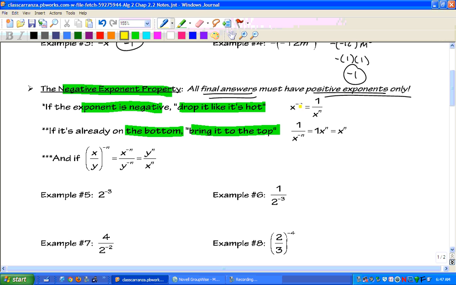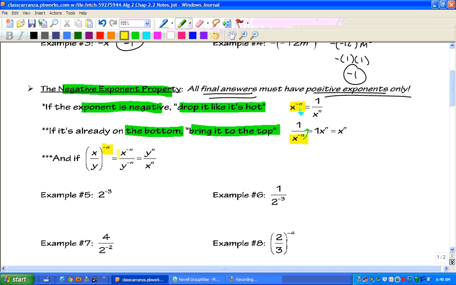Okay? So if you take a look at the first one, x to the negative 9, exponent's negative, you drop it down, and then a 1 goes on top. If it's already on the bottom, you bring it up to the top. Okay?